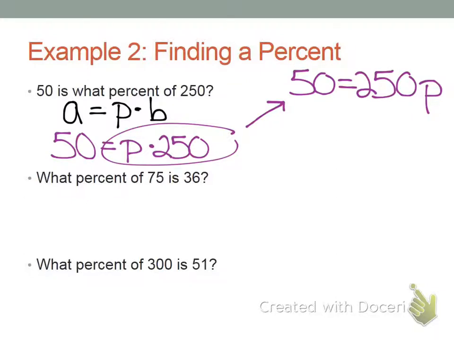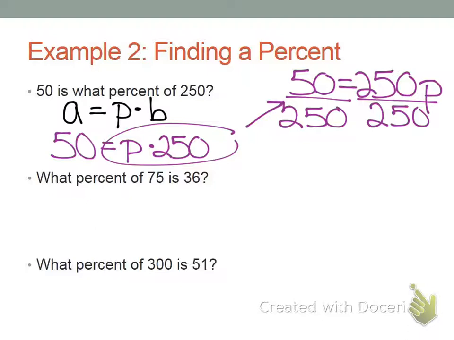Now here's where you just have to really pay attention. What number is connected to my variable? I just circled it. 250. So whatever's connected to my P is what I have to divide both sides by. All right, calculators out.